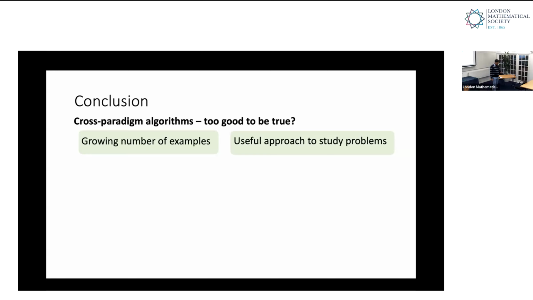For example, the monotone matrix that I mentioned, the connection between min cut and monotone matrices, would have remained undiscovered for quite a few years if we hadn't solved it in a cross-model way.